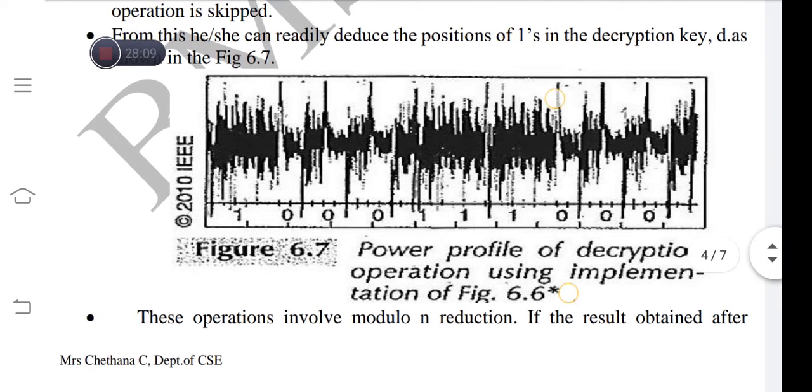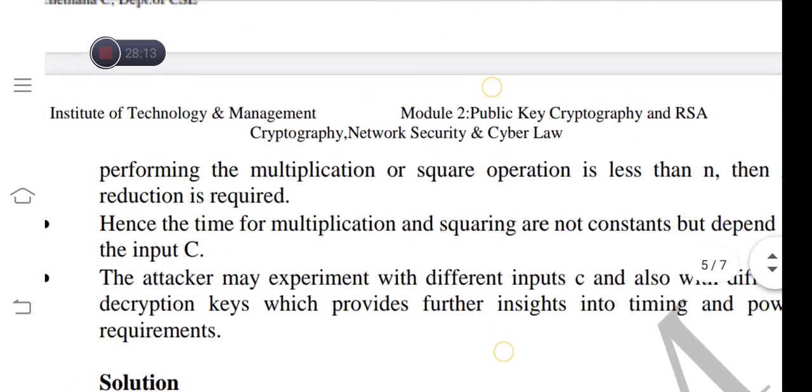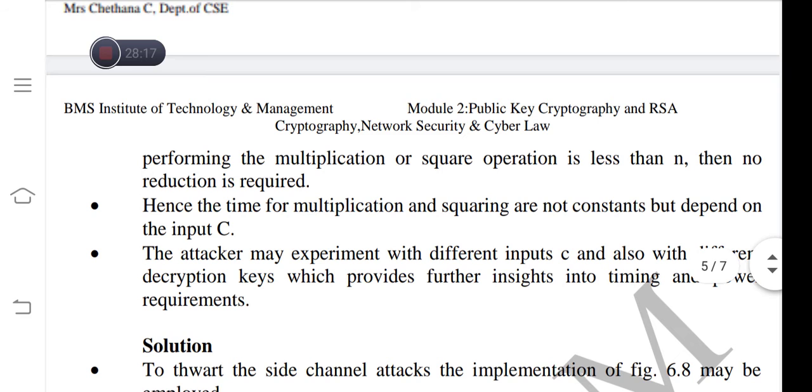And the time required for multiplication and squaring is not constant because it depends on what type of ciphertext is given.